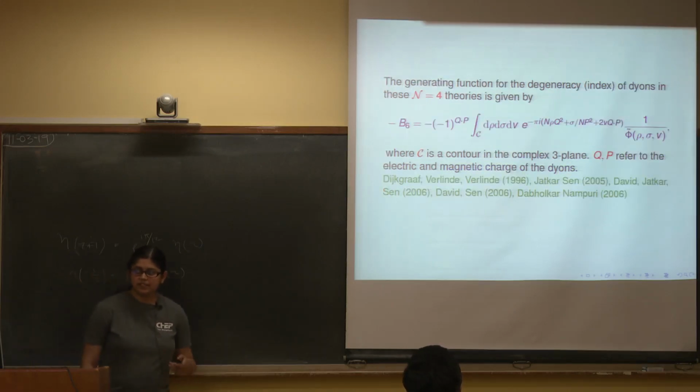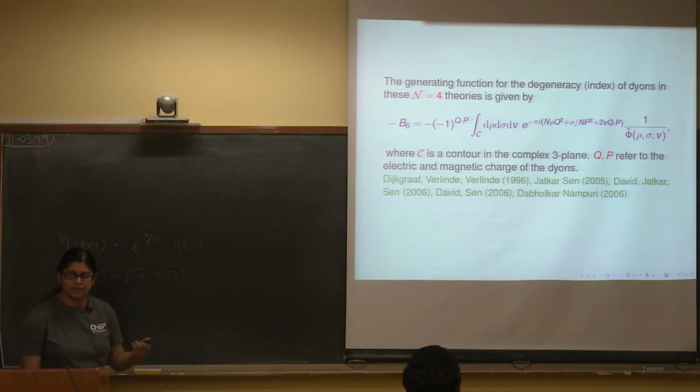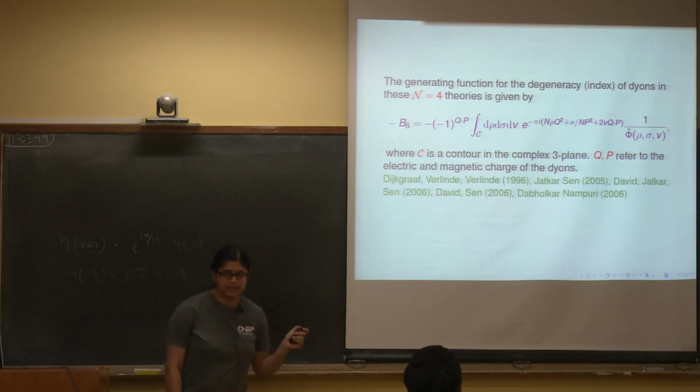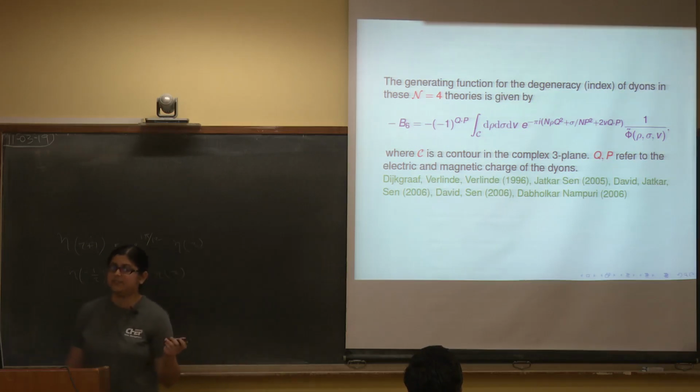Now, the generating function for finding the degeneracy of dyons in these theories is given by this minus B6 object, which can be written in terms of a modular form, not exactly of SL2Z but of Sp2Z, this phi hat, or some subgroup of that, phi tilde.